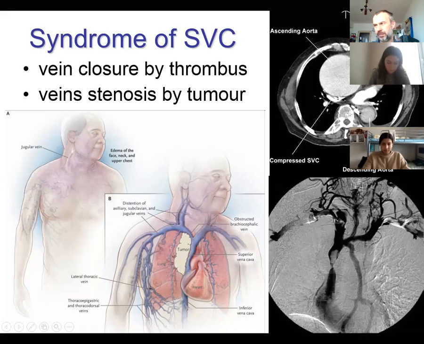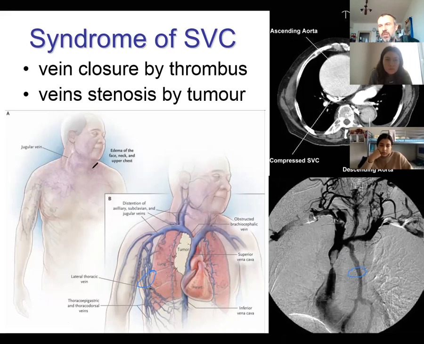Yeah. So what then happens? Then the blood is stuck here, and the cavo-caval anastomoses have to open. So you can see in the figure that we have here cavo-caval anastomoses on the lateral side of the trunk, and here we have the enlarged azygos vein. Yeah, we will talk about these anastomoses later. But you can see how the patient then looks on this figure on the left side.